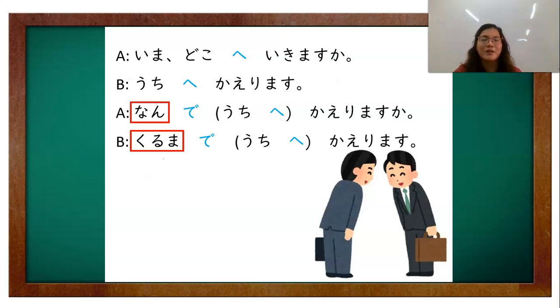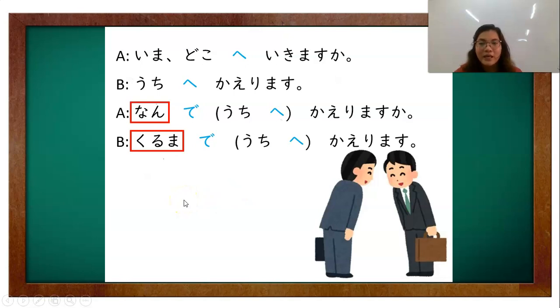Now let's practice a role play here. I will be A and you will be B. Ima, doko e ikimasu ka? Nande uchi e kaerimasu ka? Okay, let's switch roles.